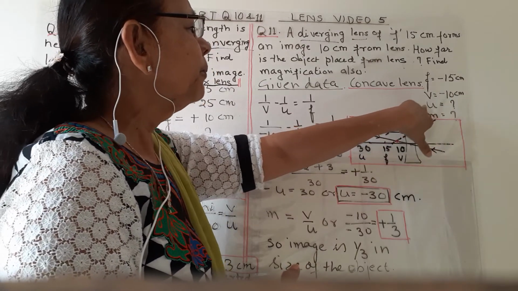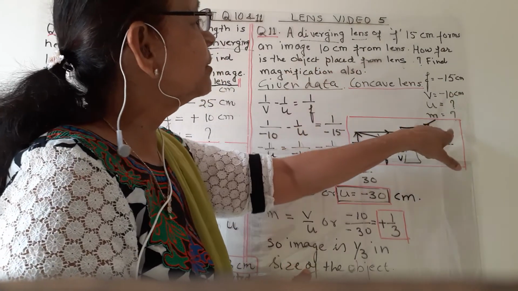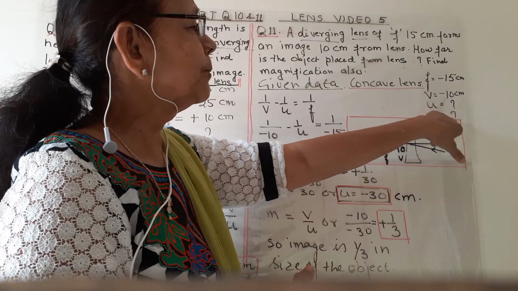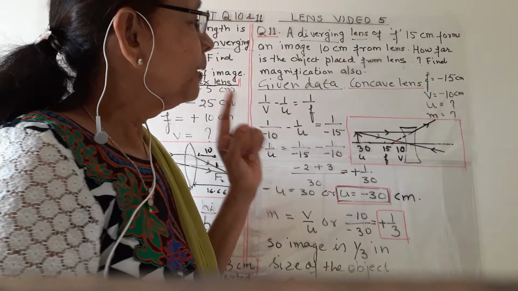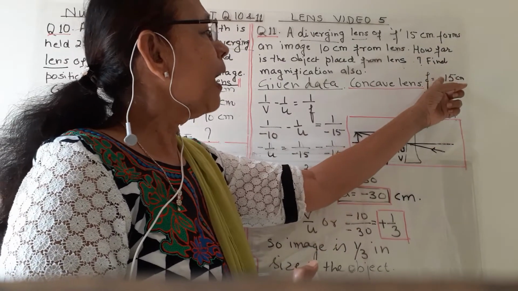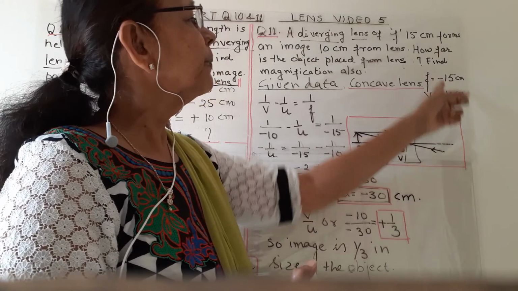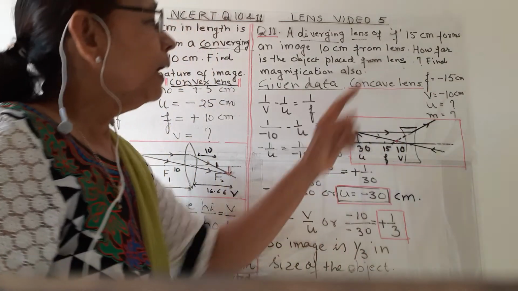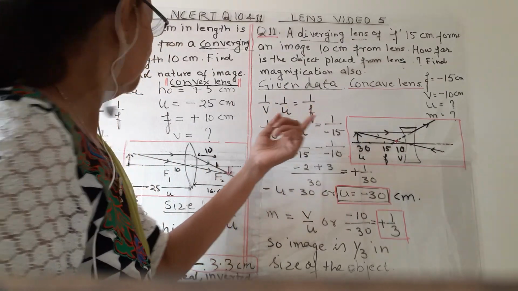Simply we put U, which is to be calculated, and magnification m is also to be calculated. So this is the given data. Remember, when we are writing given data, we have to put negative or positive signs in front of f, v or u.